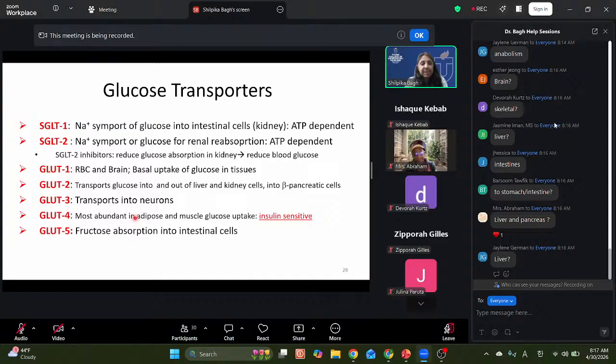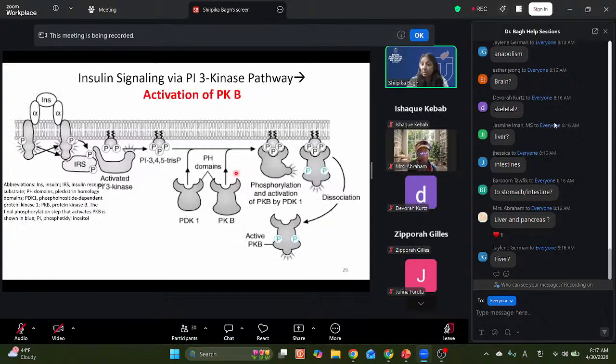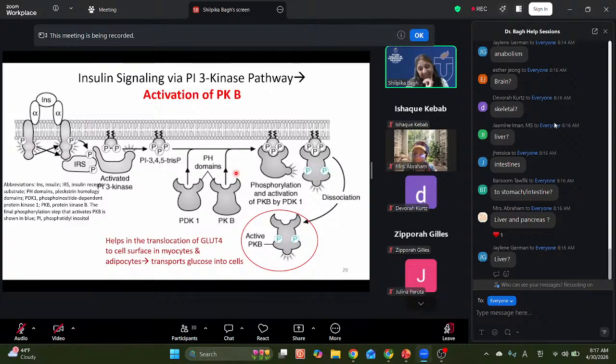So do you understand the importance of these two, GLUT2 and GLUT4, in a well-fed state? They become very active. Though GLUT2 is not insulin mediated, GLUT2 is very essential to release insulin from the pancreas, right? The insulin mediated one is GLUT4.